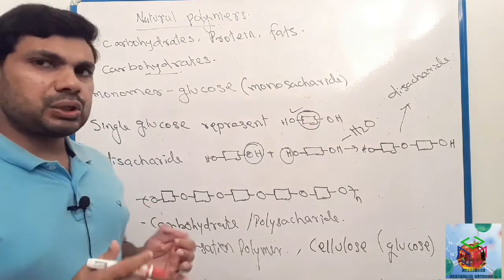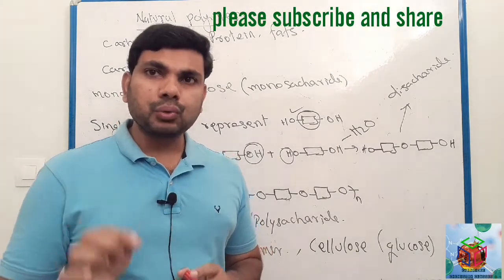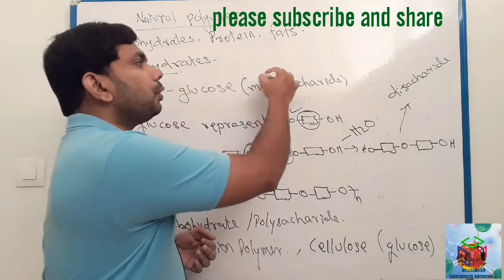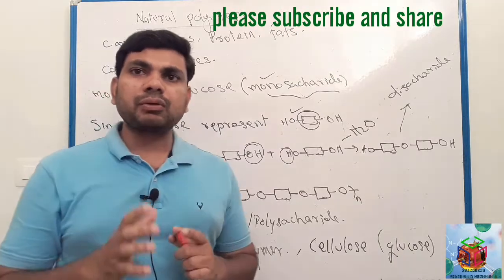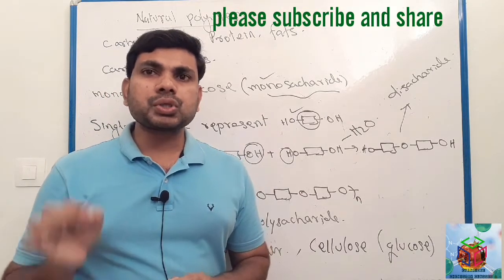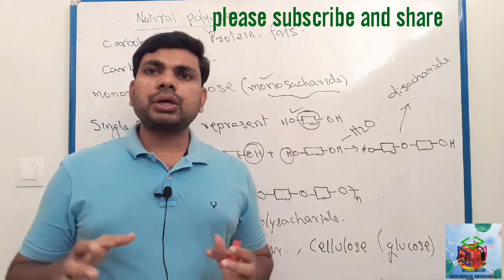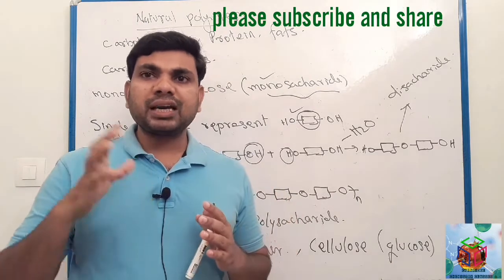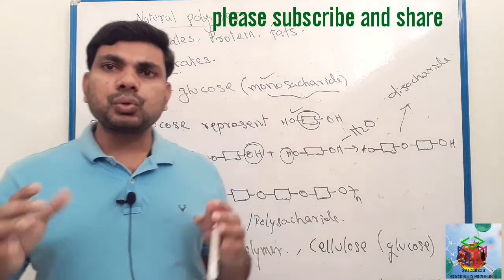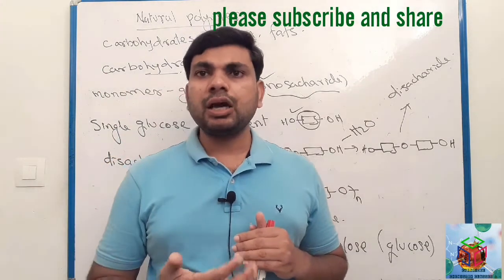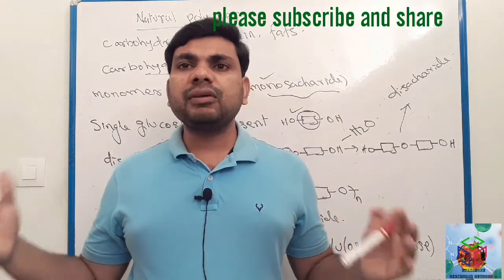The simplest unit of carbohydrate, glucose, is also called monosaccharide. Mono means one. Two glucose units join to form a disaccharide. Polysaccharide means many glucose units join to form a big, heavyweight molecule.